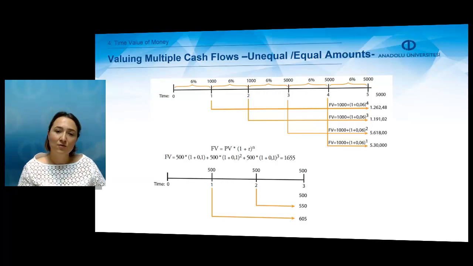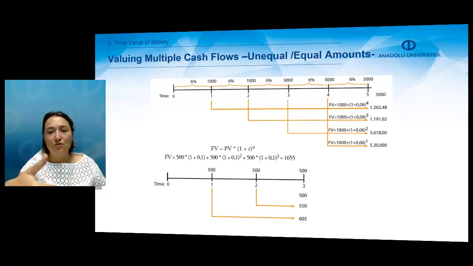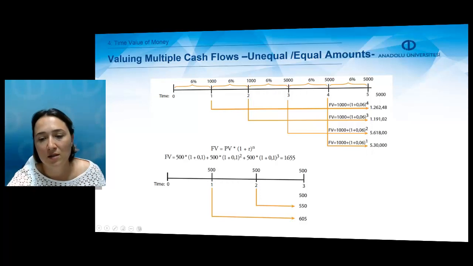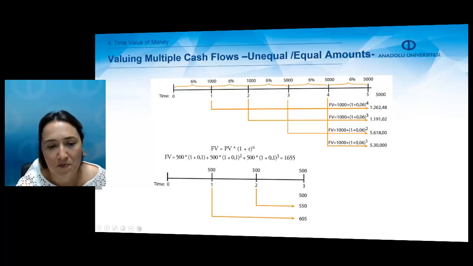For the fourth cash flow, we have just one time period. So we use the future value equation, and we reach 5,500.